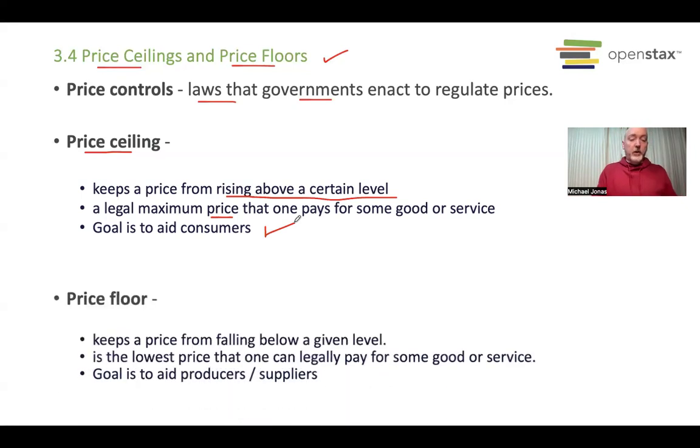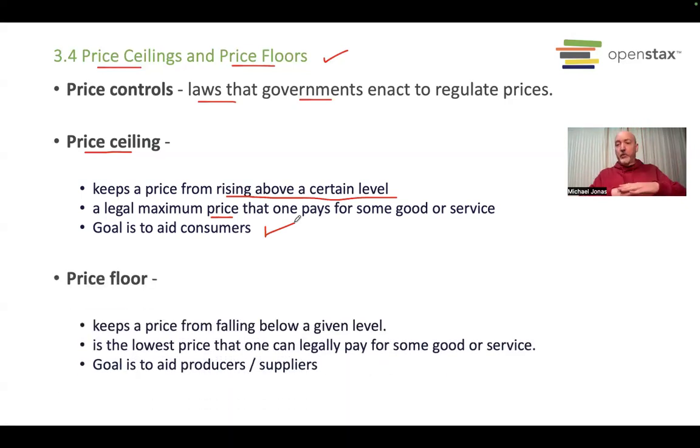The other way this could go is setting a price floor, just like in your room, wherever you are, that supports what's on top of it. You can't go below a floor. So a price floor keeps price from falling below a given level, even if equilibrium tells it to.